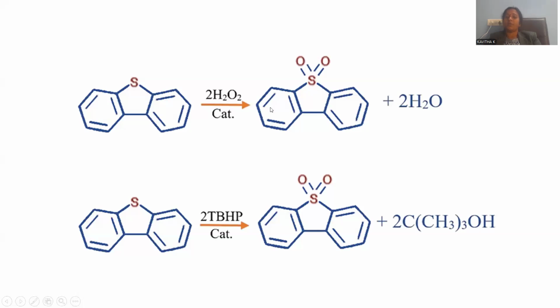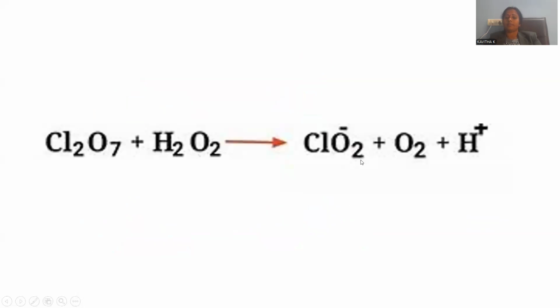That's why it is possible to allocate two oxygens with double bonds on this molecule. So S double bond O is possible by reacting this thioether molecule with hydrogen peroxide, and ultimately there is a release of water as a byproduct, in an environmentally friendly manner.